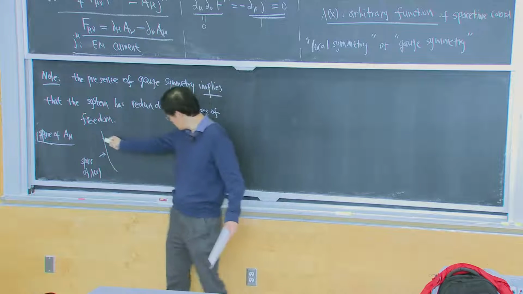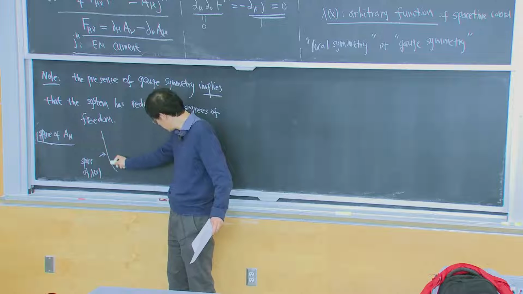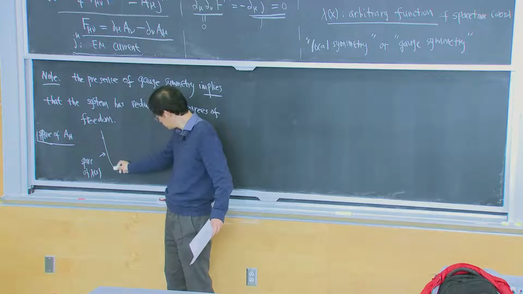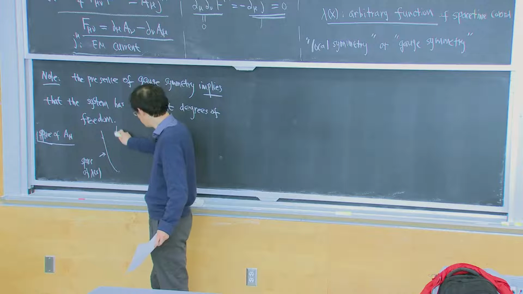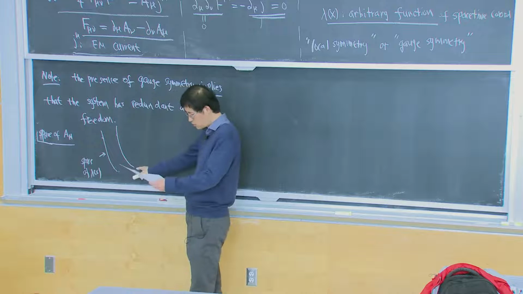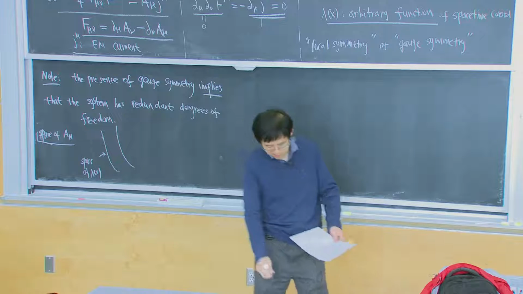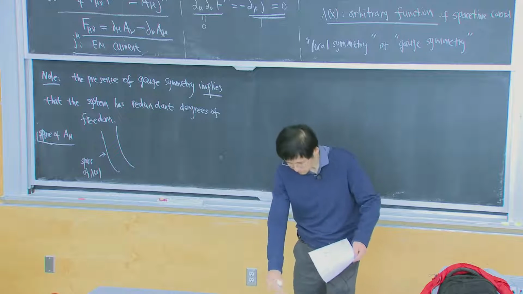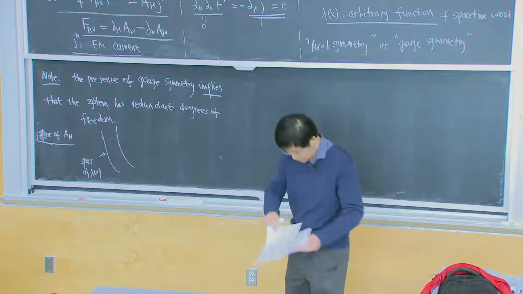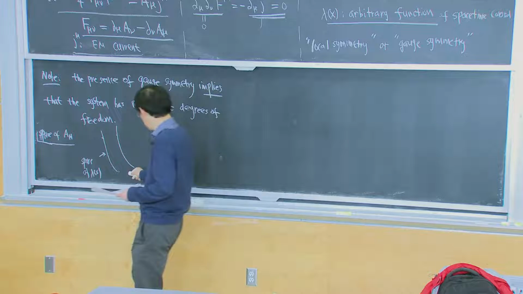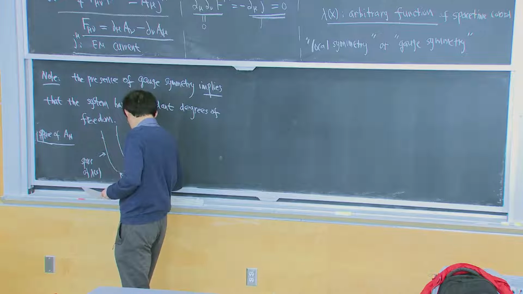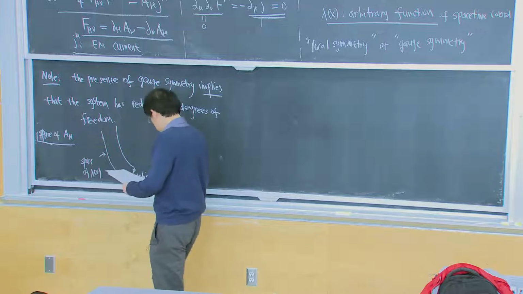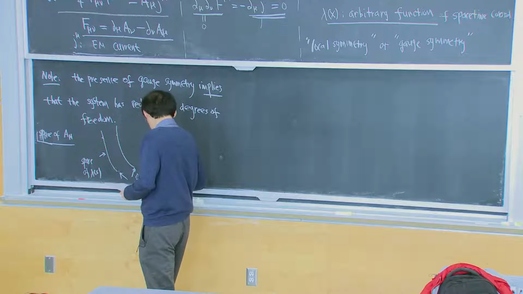At each point A mu, you can make a transformation with different lambda corresponding to different points. If you start with a different A mu, then you have a different line. Each of them is called an orbit of gauge transformations.